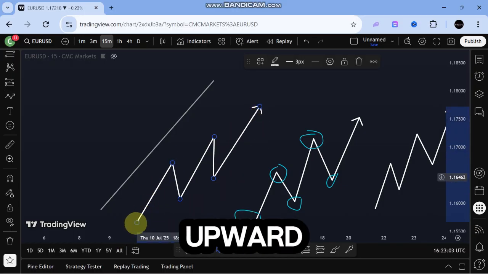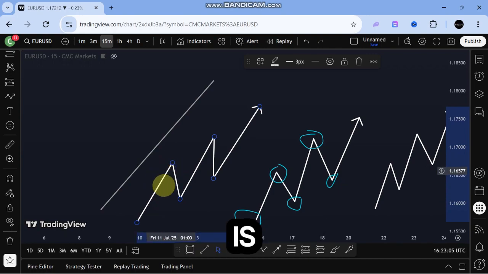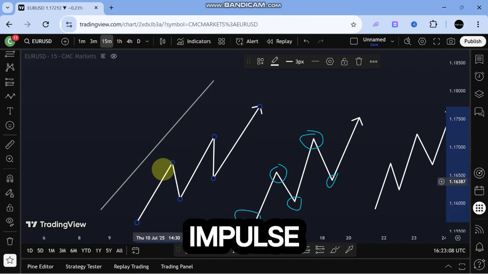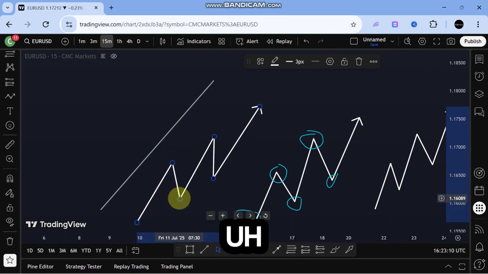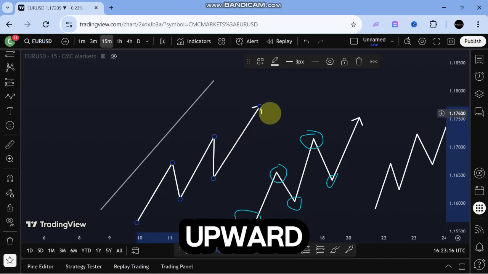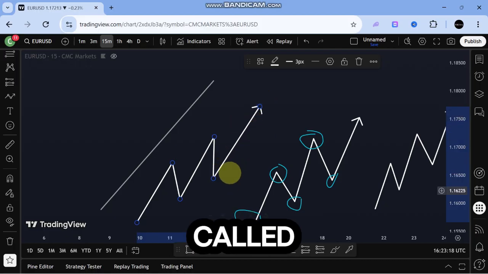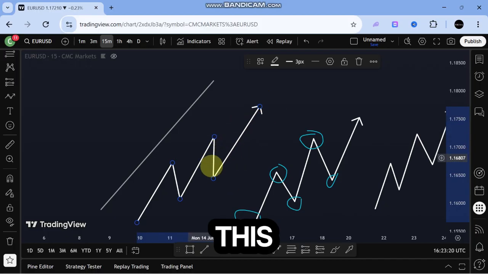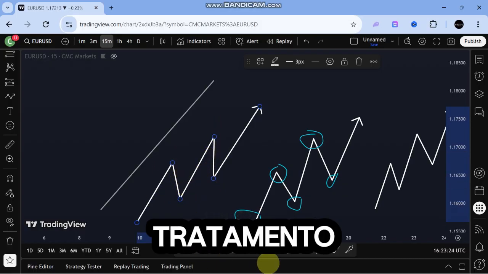This upward movement is called impulse, and this backward movement is called retracement. The upward movement is called impulse movement, while this one that comes down is called retracement or correction.